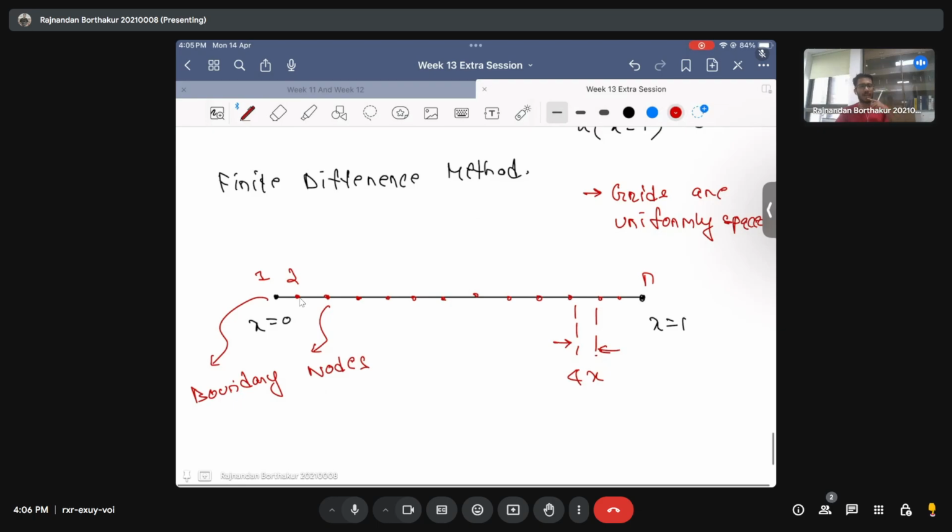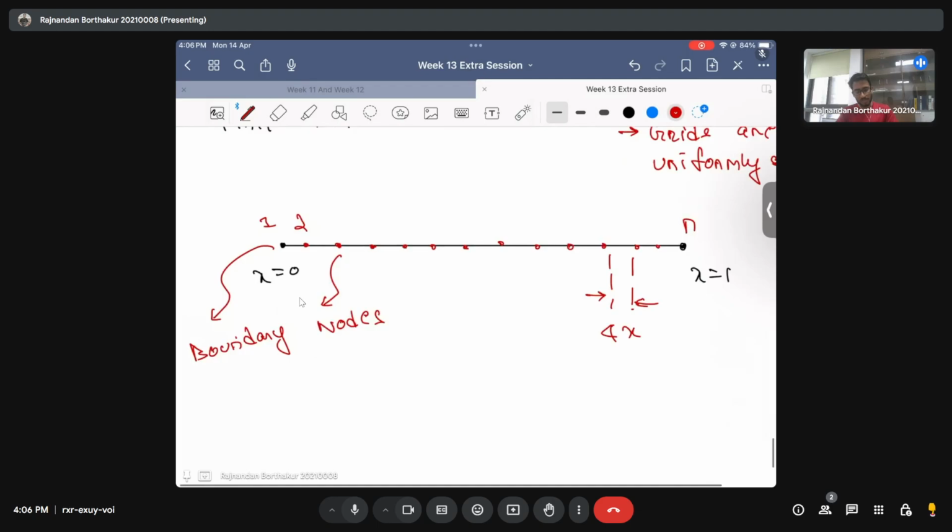But if we have a 2D problem and another method known as the finite volume method, which also utilizes discretization, there you discretize not at the node or the point but at the cell center, and then people use the terminology grids. Here it is more convenient to call them nodes, so we'll call these points nodes, not grids. You can use them interchangeably as long as you are consistent with your analysis.